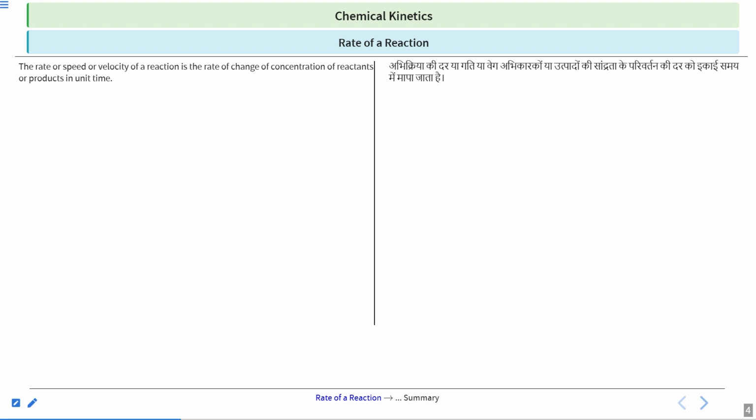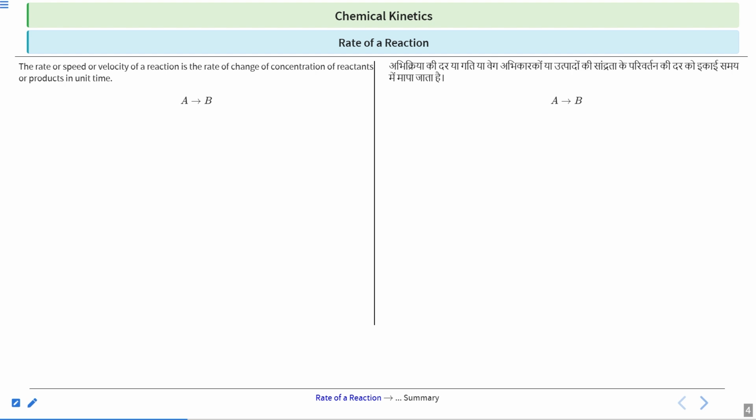And the time remains the same. So overall we can say that the rate of a reaction, or speed of a reaction, or velocity of a reaction, anything we can refer to, is the rate of change of concentration of reactant or product in unit time. The thing to keep in mind is that you should be able to analyze the rate of reaction with the help of reactant and the product both.